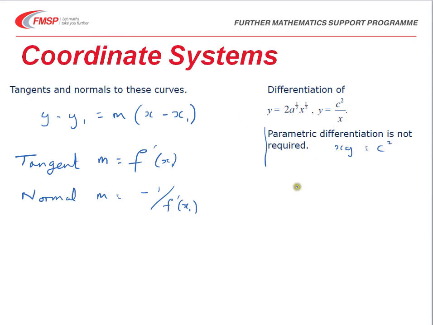I'm not going to use parametric or implicit differentiation in the questions I'm going to be doing, because those aren't required. However, that's not to say that if you've been taught those you cannot use them. You can. In fact, any method of finding the gradients is okay for this part of the course.